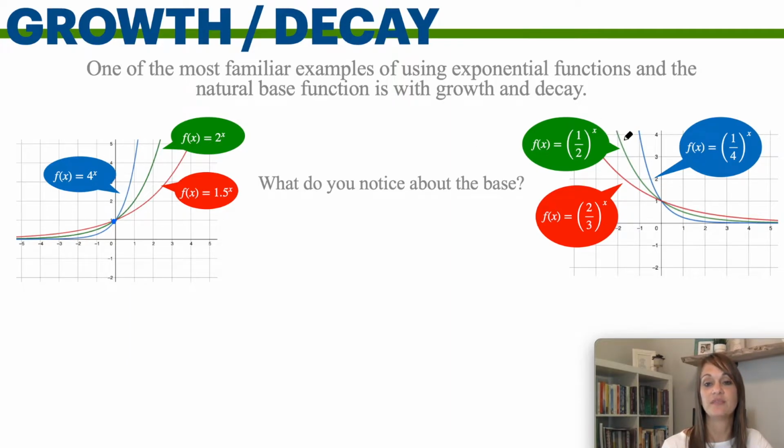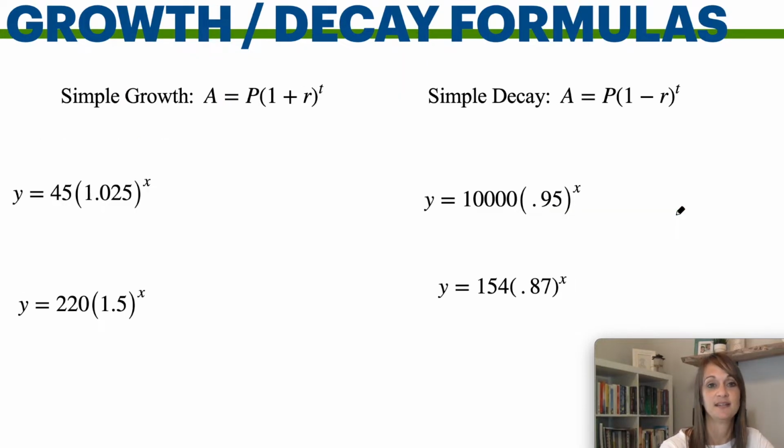Or if you have something that is decaying or depreciating, then the graph is going to decrease. So if you notice the bases, if the base is bigger than 1, then the graph is going to increase. If the base is between 0 and 1, the graph will decay.